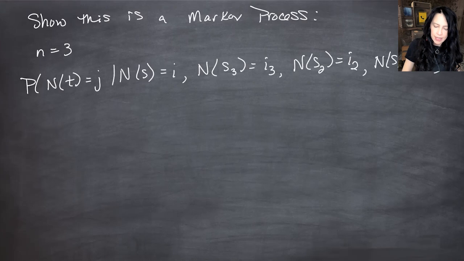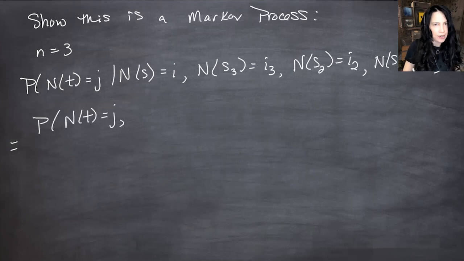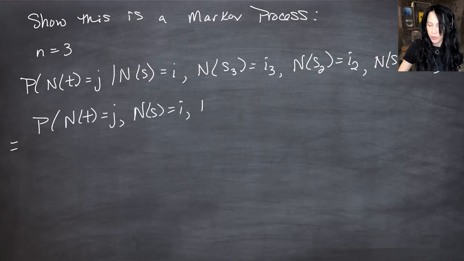I want to show that that's equal to the probability of just this stuff. And so we wrote a big intersection over a slightly less big intersection. This is just the definition of conditional probability.